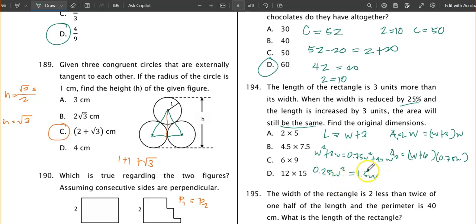So we factor out W, divide everything by W. You're going to get 0.25 W equals 1.5. And to solve for W, we will have 1.5 divided by 0.25. So our width is actually 6. So the width is 6. There's only one choice that has 6. That is letter C. Because again, that makes sense because 6 plus 3 is 9.